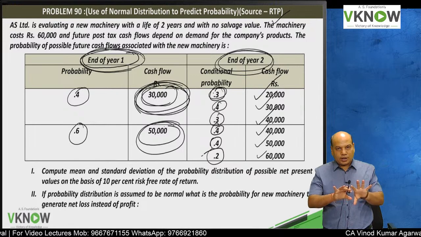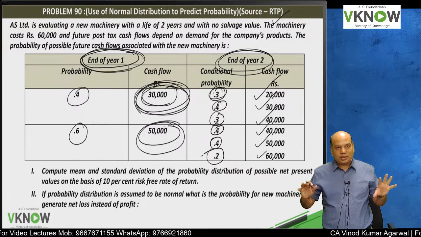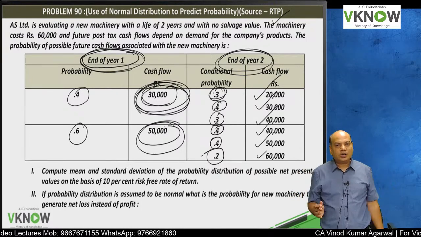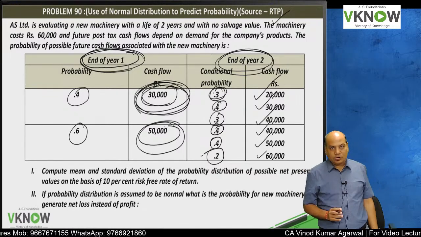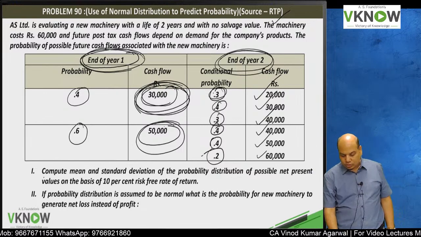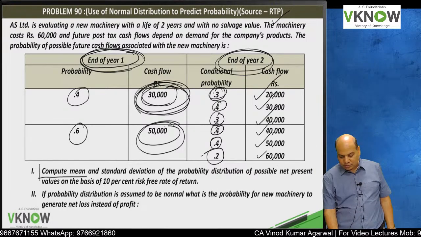So finding expected NPV we have already covered in your batch 3 times. First question is also same. What is the mean NPV?